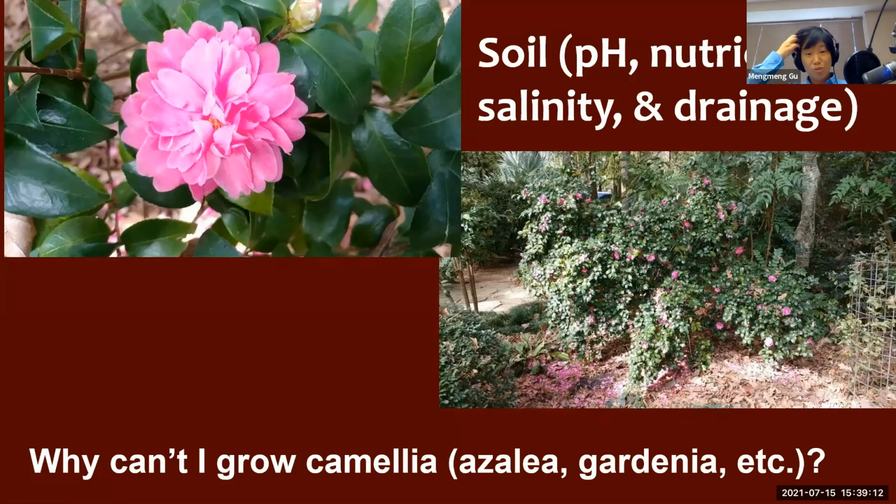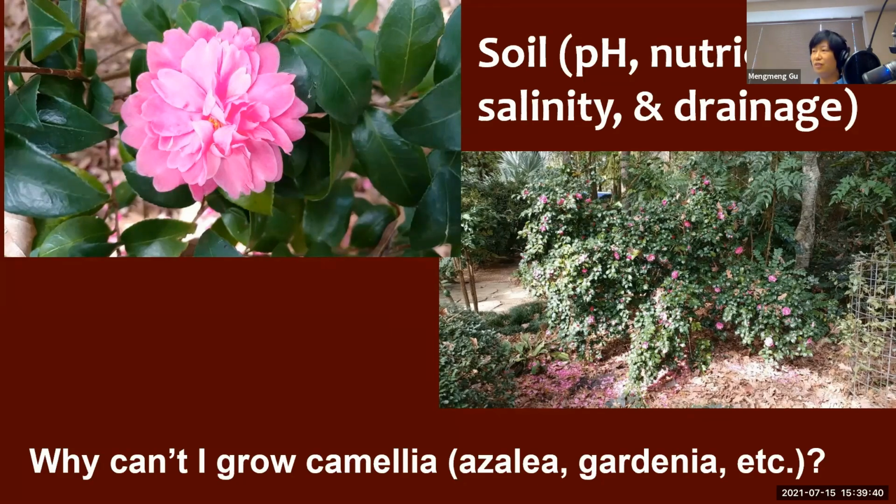So when it comes to soil, I can't grow camellias, azaleas, gardenias, as you all can in Georgia. Where I am, an hour west of Houston, we just don't have the low soil pH that these things love. I can't grow these things. And when it comes to soil, a lot of us understand the pH.